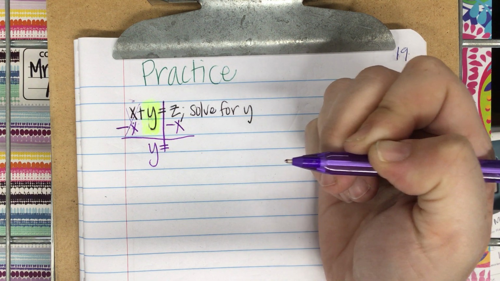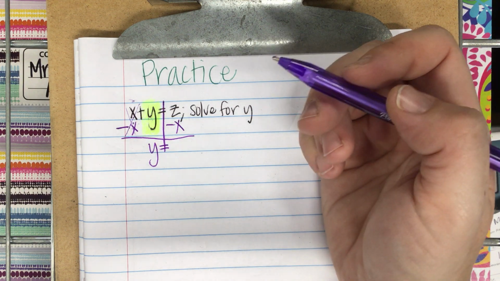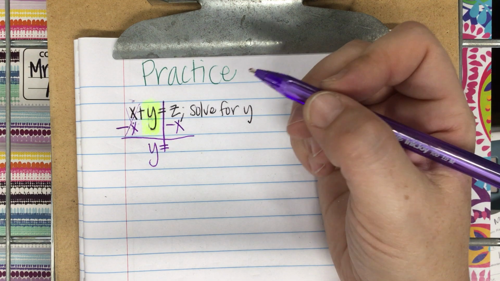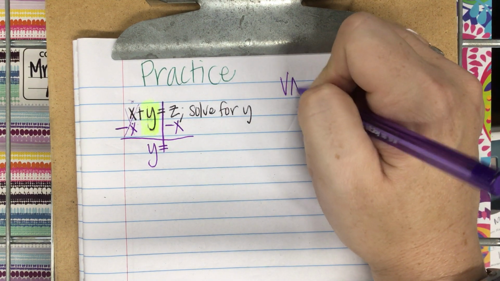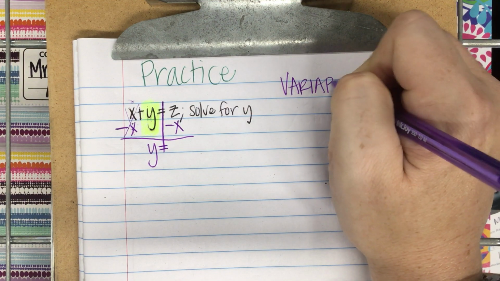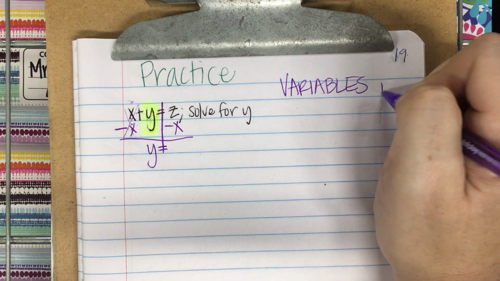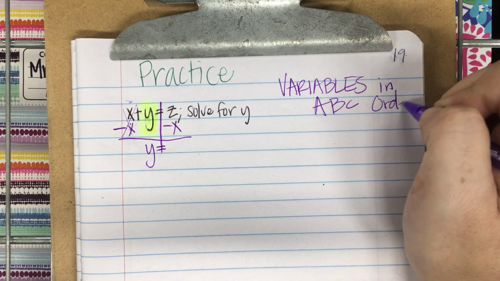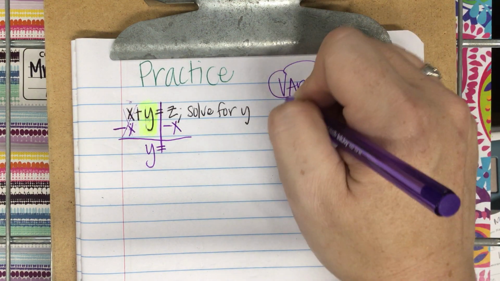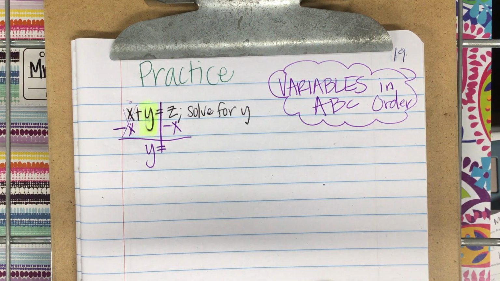Now here's the trick. We didn't talk about this in the other one. How should you always write your variables? Do you know? The first one in the alphabet comes first. Alphabetical order. Variables in A, B, C order. So, I get it.